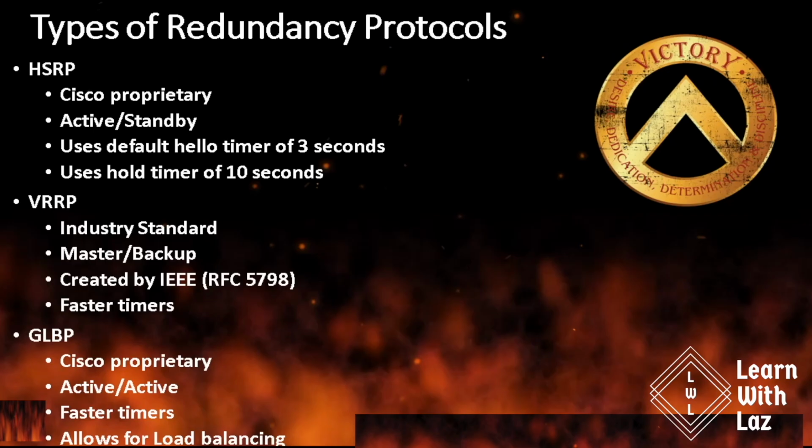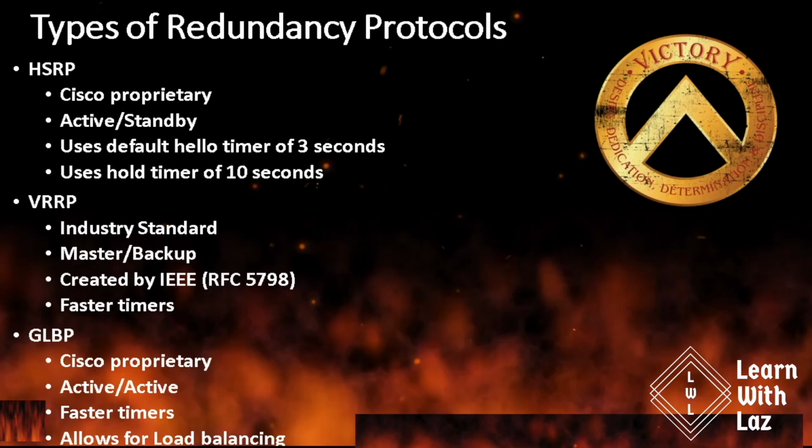So hey, Laz, what do we answer? The answer is in the book. It would be truly messed up if they actually gave you a multiple choice question on the test asking whether VRRP is active standby, master backup, active, or standby.